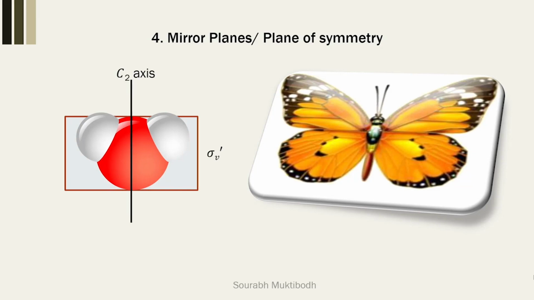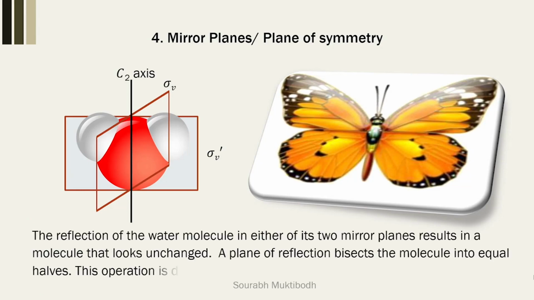And not only this, this plane is going to divide the oxygen atom so that the hydrogen atoms get exchanged and the configuration still remains superimposable. So the plane that the water molecule is containing right now is a vertical plane of reflection, and this bisects the molecule into equal halves. This is symbolized by sigma.